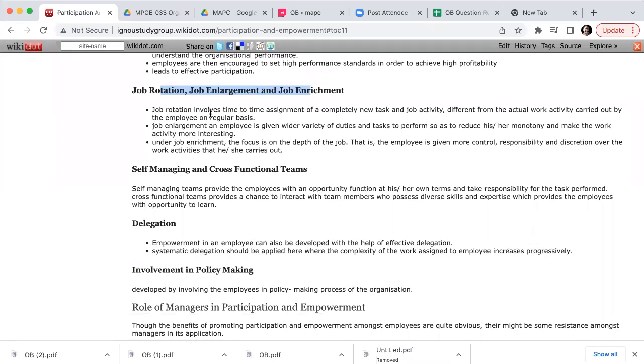Self-managing and cross-functional teams. This is also very evident from the name: a self-managing team is not being driven by anybody. Cross-functional teams are formed to go towards a goal together, but they are from various units or with various strengths. It is not the same people with the same strength grouping together.